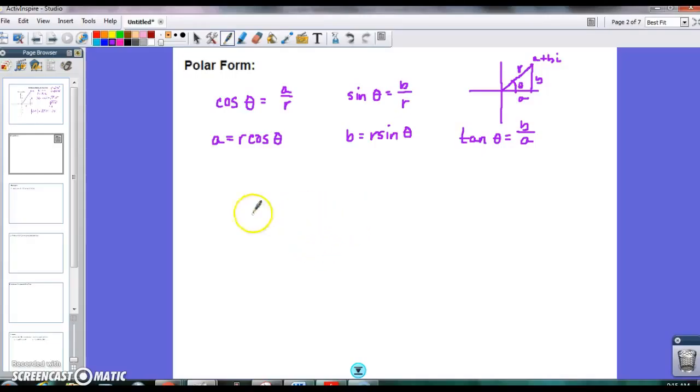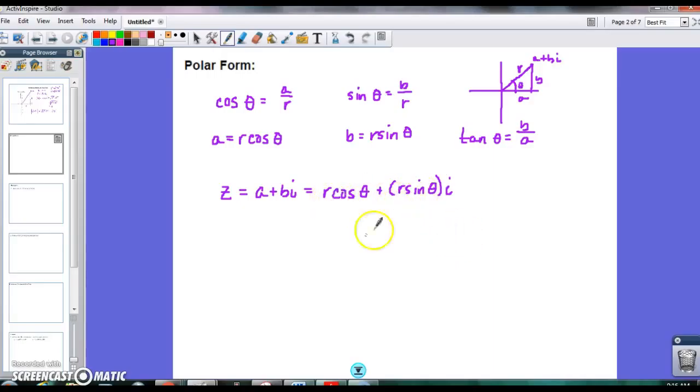So this is for complex numbers. If I have the complex number z equals a plus bi, and I substitute in what I have, that would be r cosine theta plus r sine theta times i.